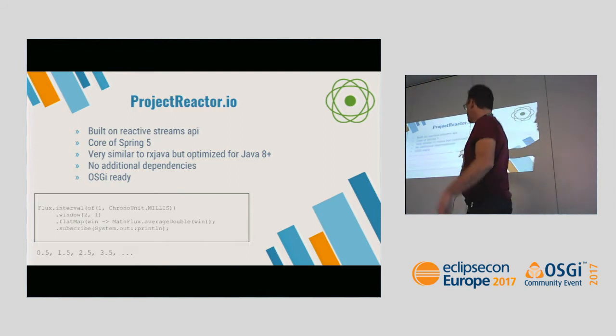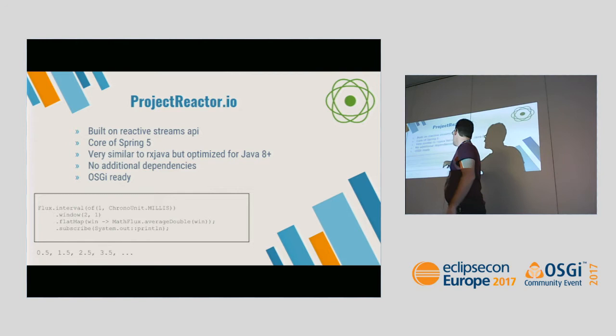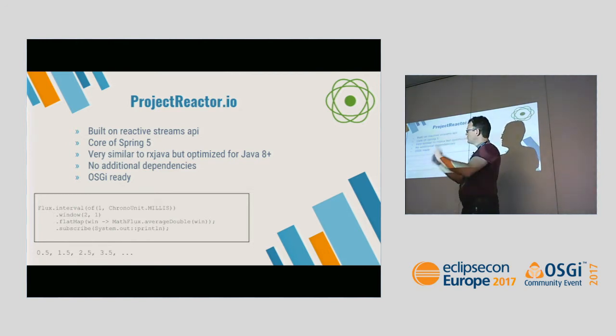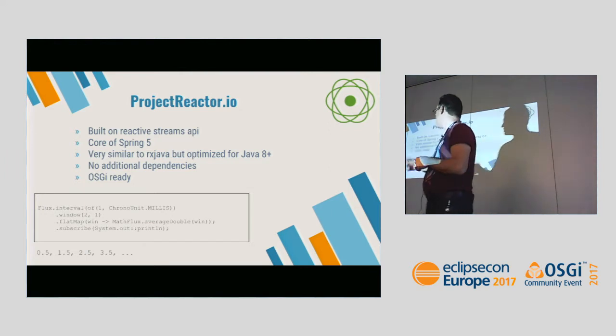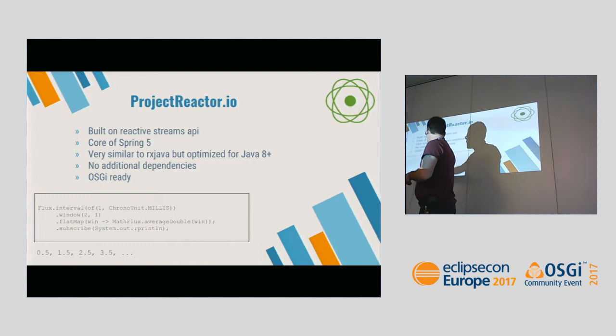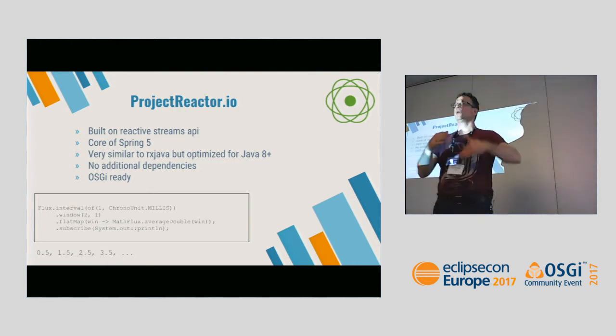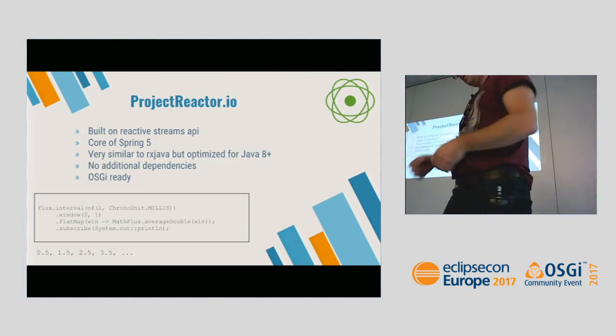What I do with that in this example is just use flatMap to go over that window and create a double over the 2 elements and return that as a new event. So in the end, I have these averages over the last 2 items, print them out, and this is what it looks like. Because what comes out here is starting with 0 and then counting upwards.